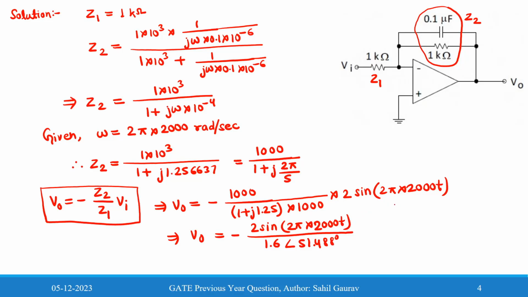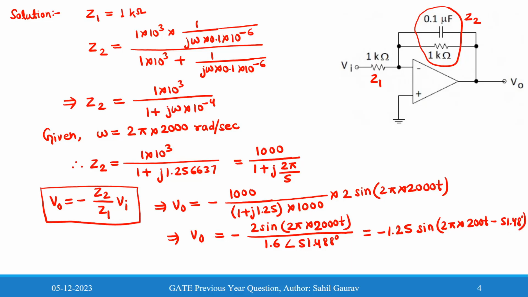So if you write it in that form, then it will become minus 1.25 sin(2π × 2000 t minus 51.48 degrees).